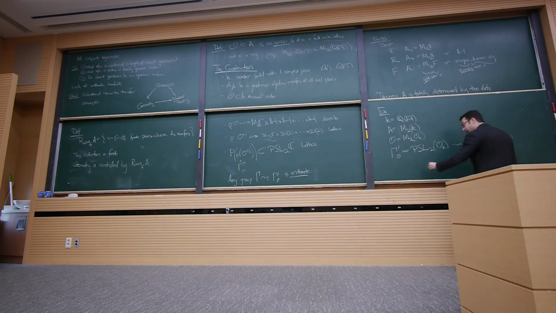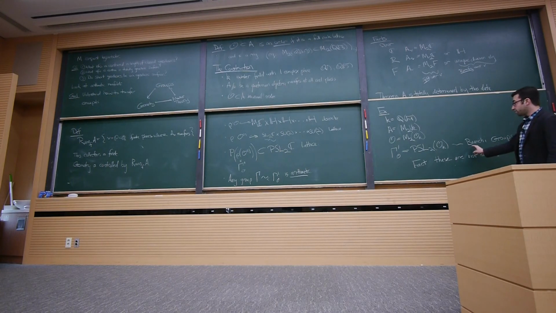Just to say as a fact, these are not co-compact. As a matter of fact, any non-co-compact arithmetic three-manifold arises from one of these. So these classify all the non-compact ones.